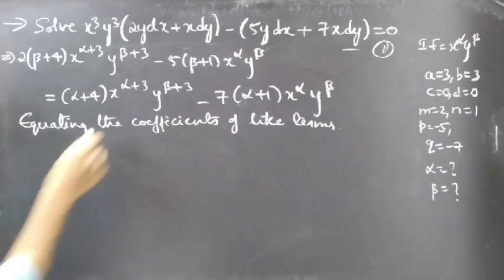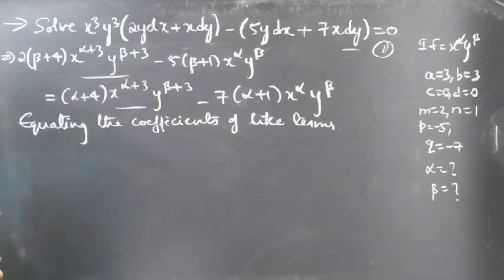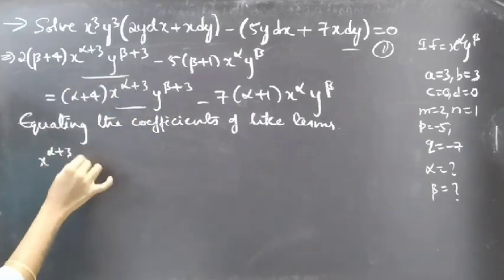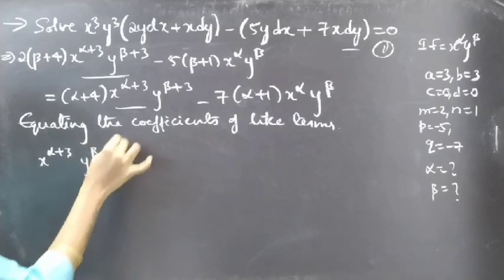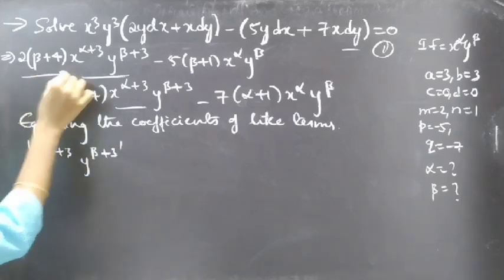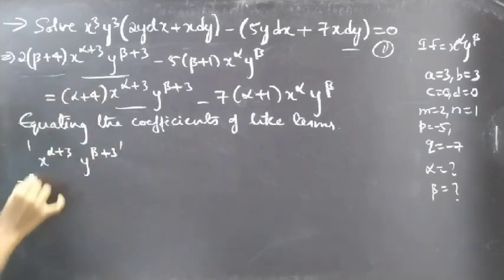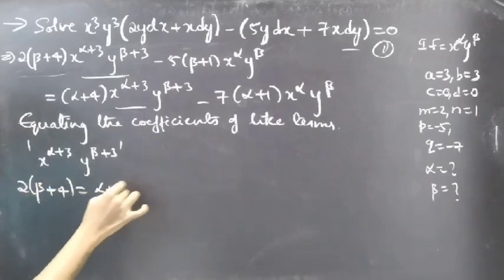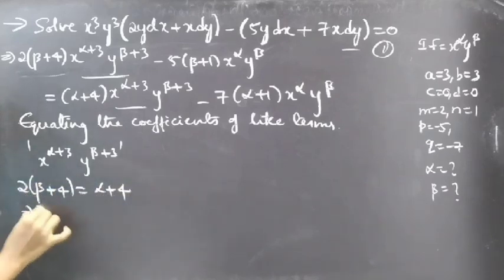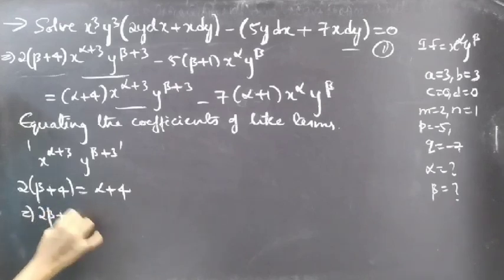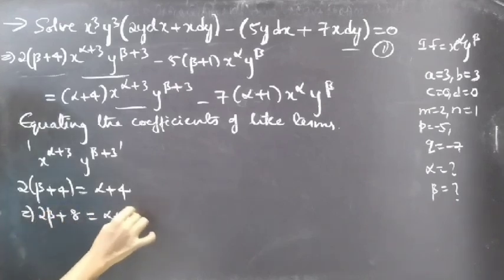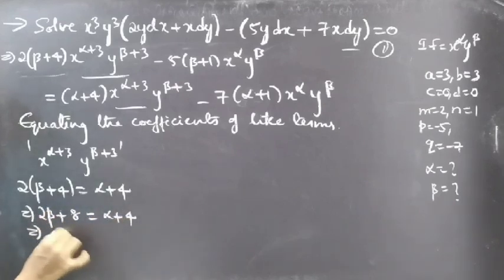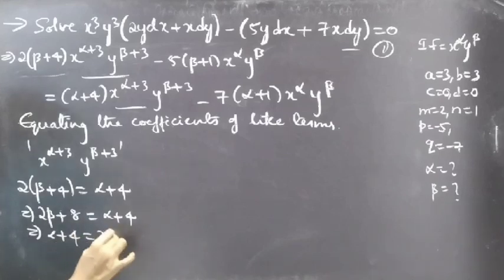Okay, we'll begin with x^(α+3) y^(β+3). So we'll equate the coefficients of x^(α+3) y^(β+3) firstly. Then you'll get 2 times (β+4) equal to α+4, which gives us 2β+8 equal to α+4, or we can write this as α+4 equal to 2β+8.